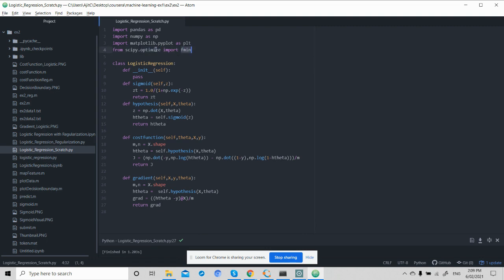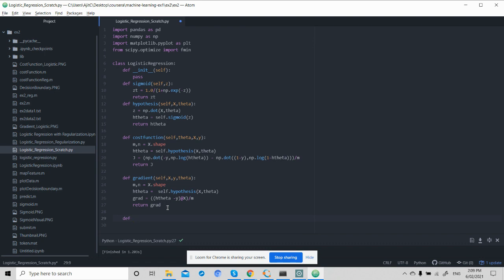If we implement fmin of SciPy, we will get the optimized value of our theta, and that would be our optimal value. So let's implement that function.